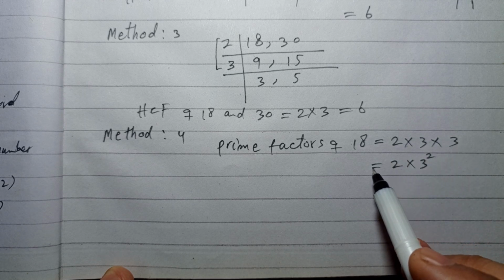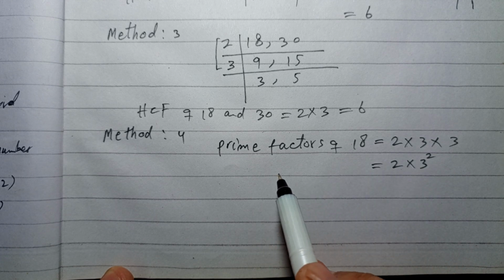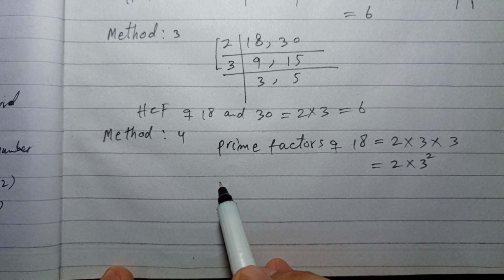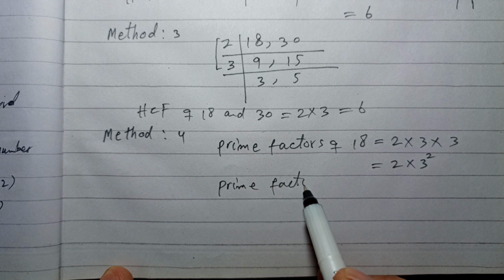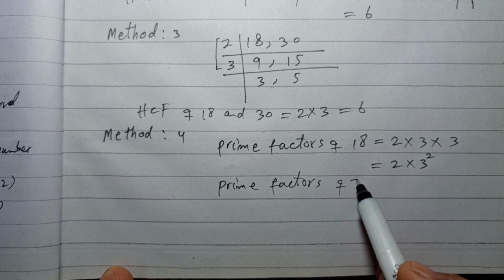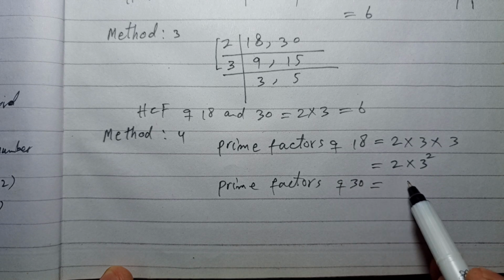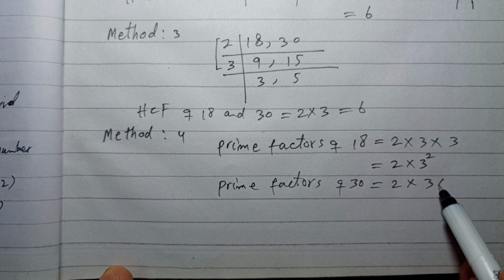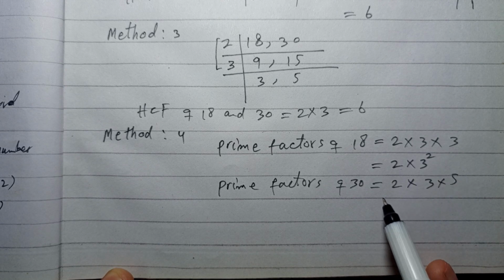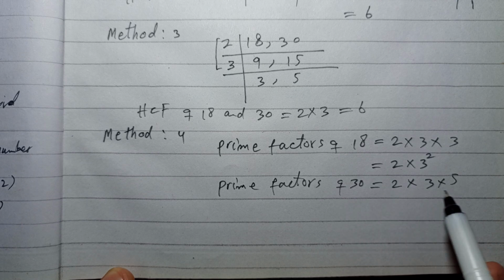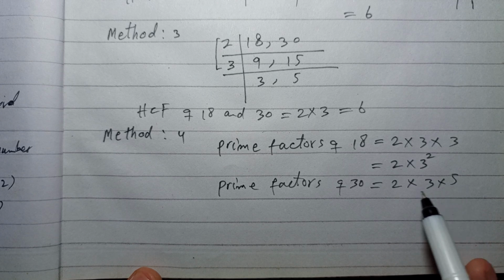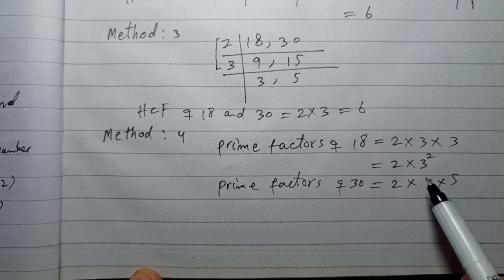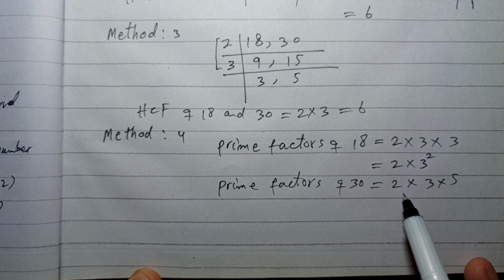Now prime factors of 30 are 2 multiplied by 3 multiplied by 5, and in index notation they will remain the same because each is only one time.